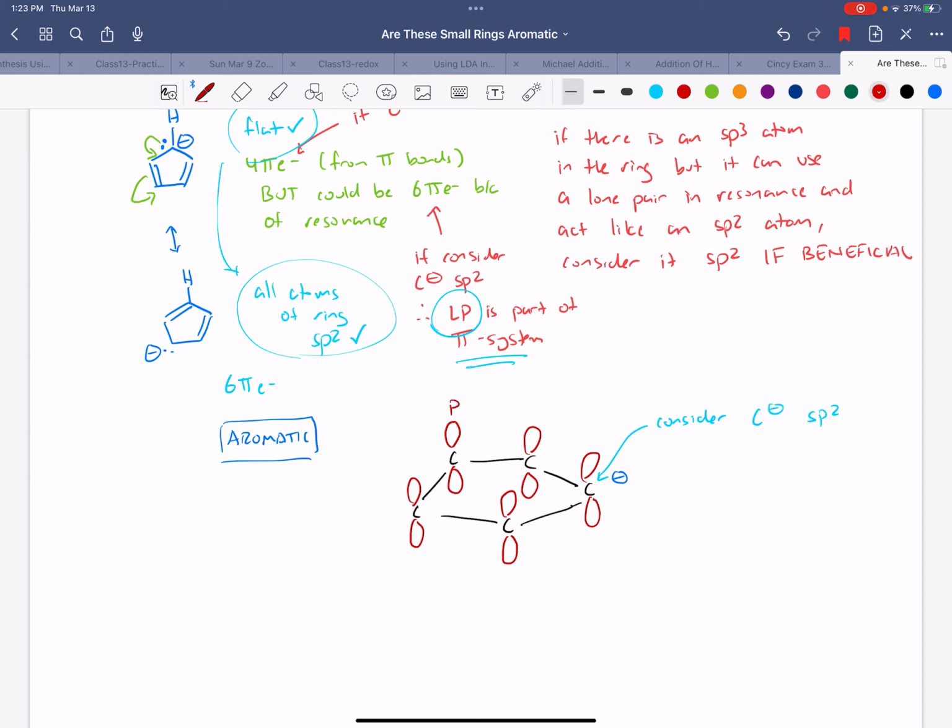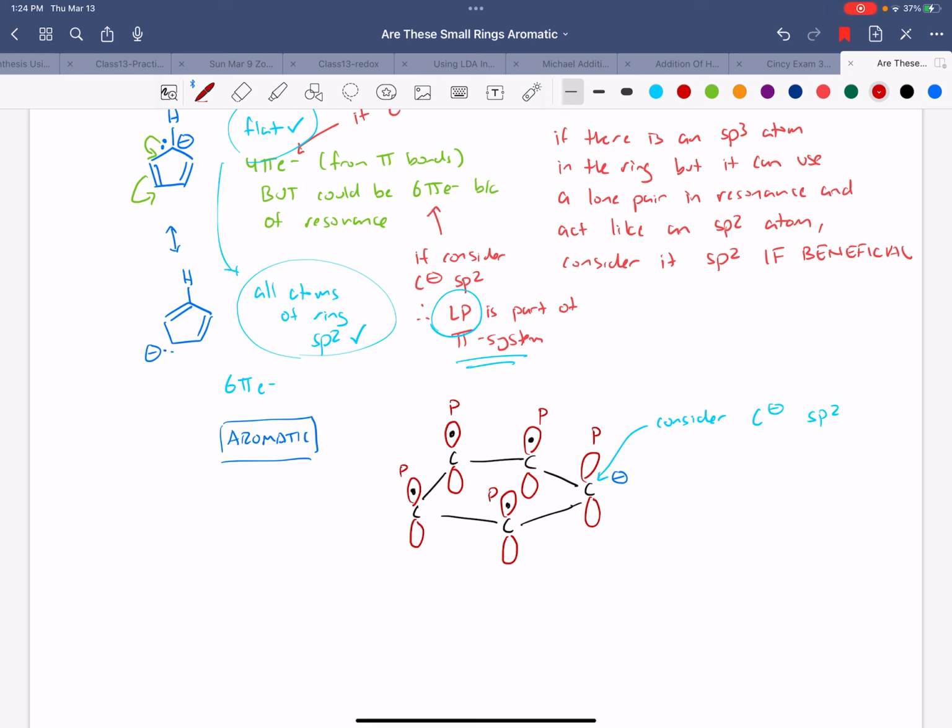I'm not going to label everything. We have a pi bond here between these 2 carbons. We have a pi bond here between these 2 carbons. And what do I do here? Well, I told you that the lone pair, now that it's in an sp2 atom, that lone pair is part of the pi system. And yes, in that p orbital, I'll label all of them.